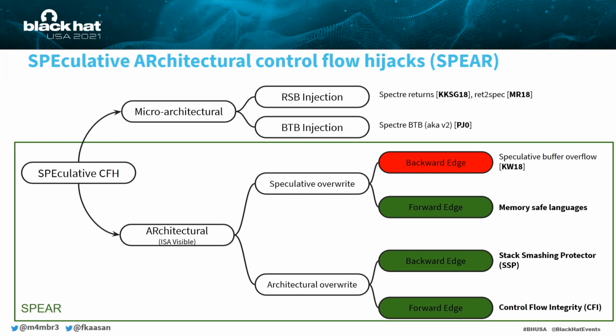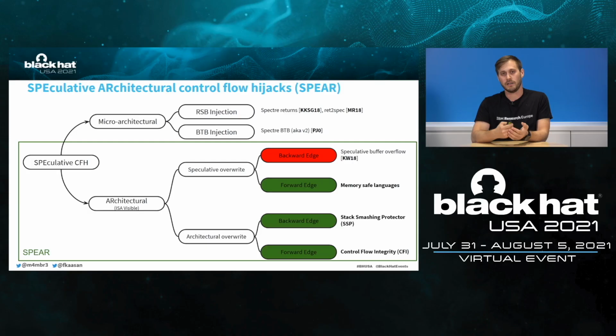For instance, if we have an architectural overwrite of a backward edge, which is a normal buffer overflow, of course, if there is no mitigation in place, we can exploit the memory corruption vulnerability, so we don't really need speculative execution. But in the case where we have this primitive, but it is mitigated by, for instance, a stack smashing protector, then we wanted to investigate if we can leverage speculative execution to bypass such protection and still perform some sort of attack.